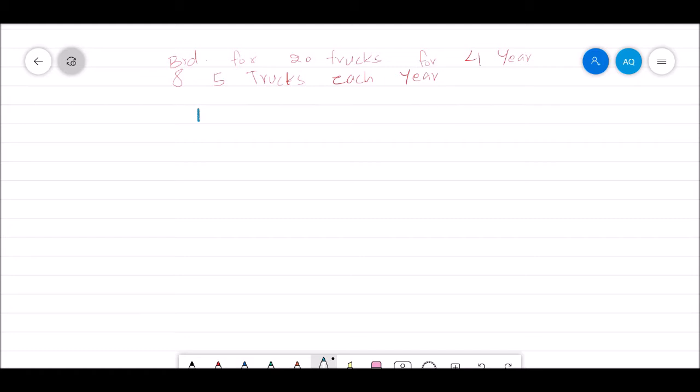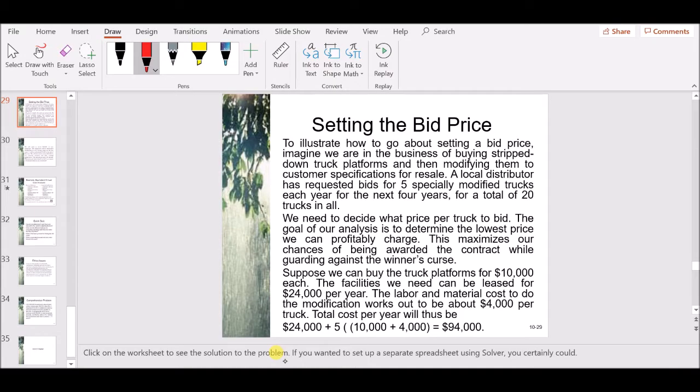So like year 1, 2, 3, 4 and 5 trucks each year, and total of 20 trucks. This is our first information. Total truck 20, each year 5. What else?